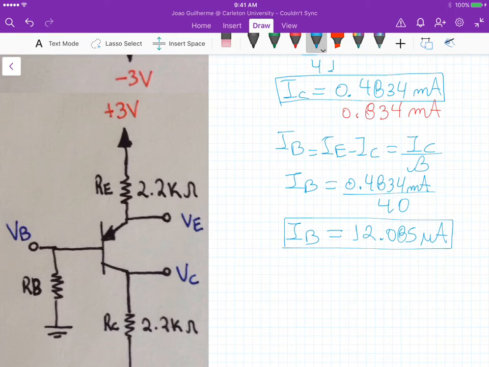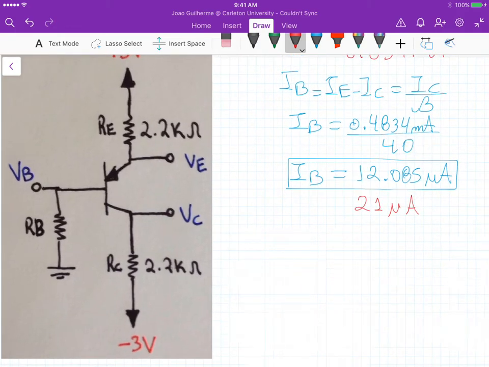And now the base current has also decreased, because in the previous analysis we had 21 microamps. And that makes sense, right? Because we are increasing this resistance here, this resistance at the base, this one here. So we are making it more difficult for current to flow through this resistor, right?